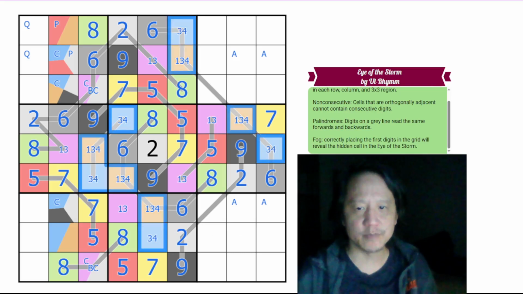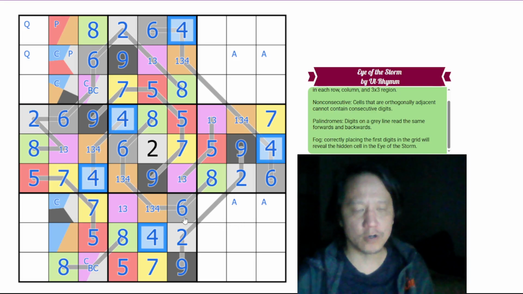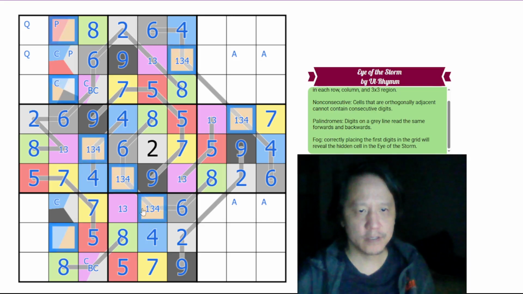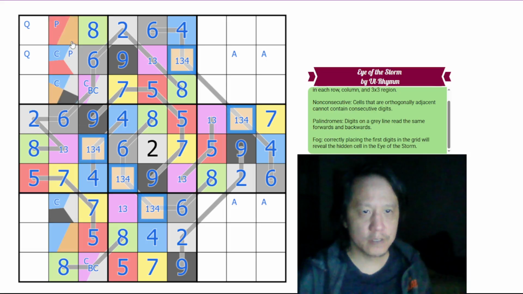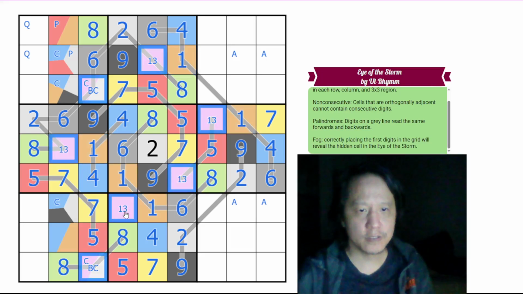So F has to be 4. So since F is 4, orange cannot be 3. Orange has to be then 1. So orange is 1. And then pink has to be 3. So pink is 3.